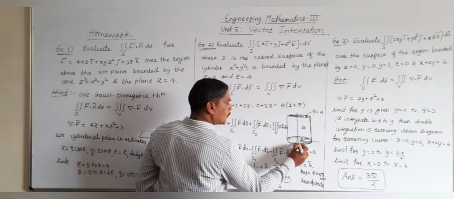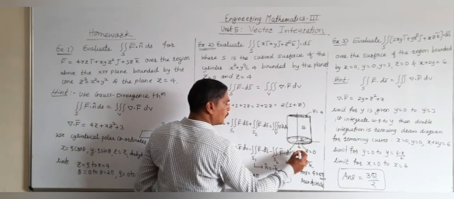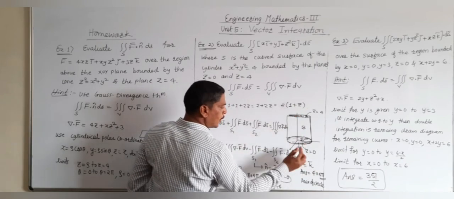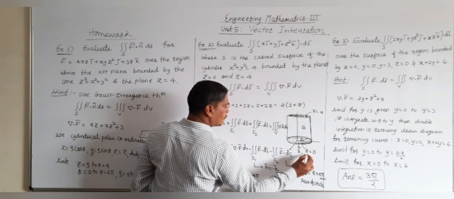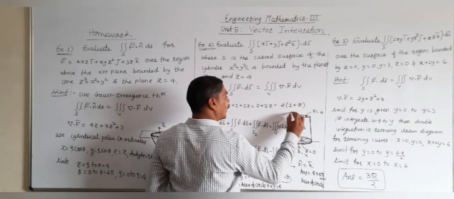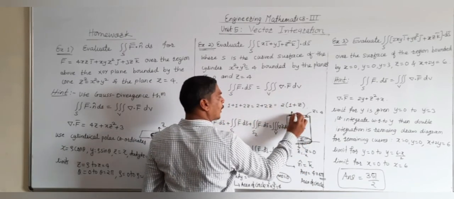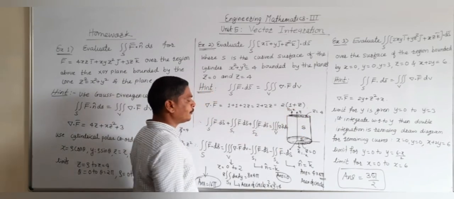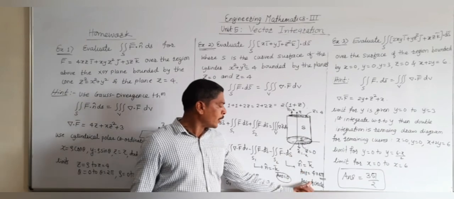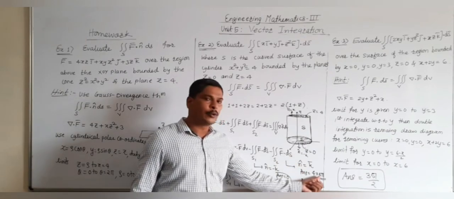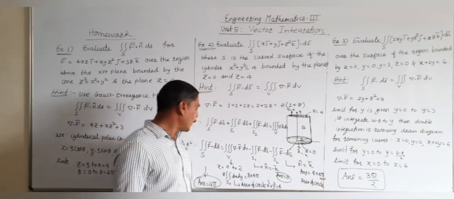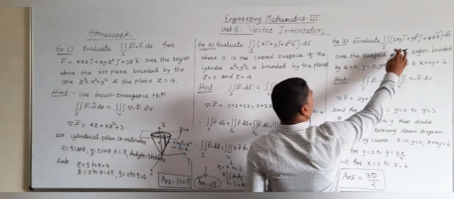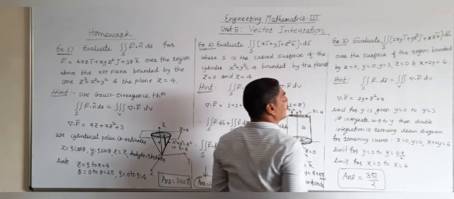So in the downward direction our unit normal vector n cap is in the negative z axis, so here n cap is minus k, and in the upward direction, in the positive z axis, n cap is plus k. In that case we get the surface area 4 into 4 pi, and the final answer becomes 16 pi.